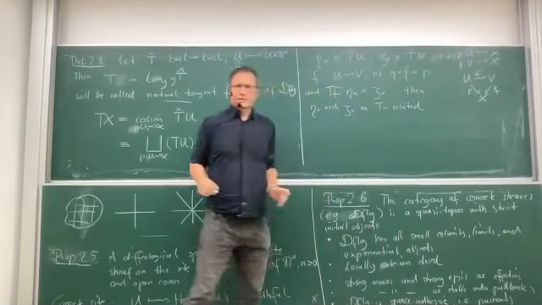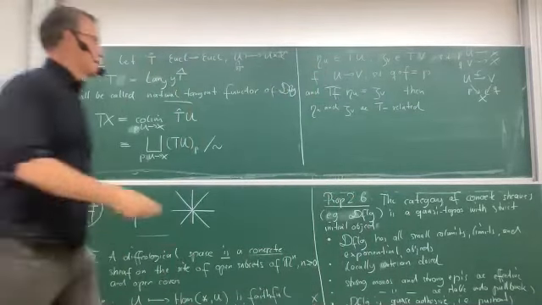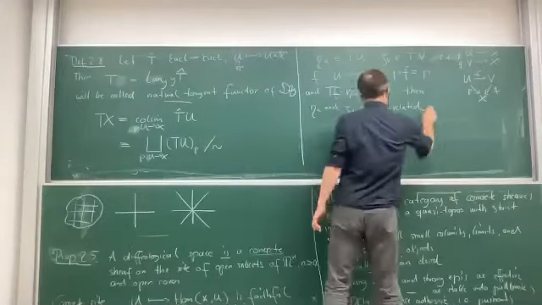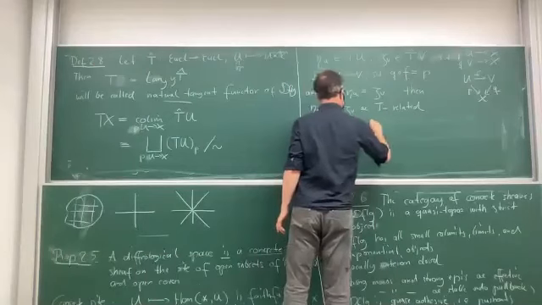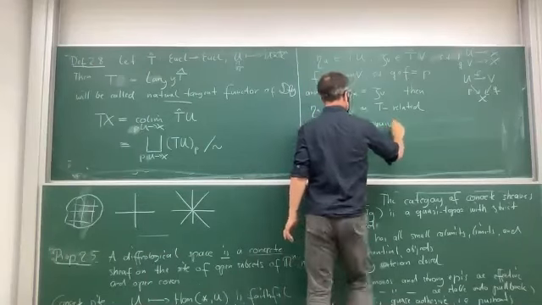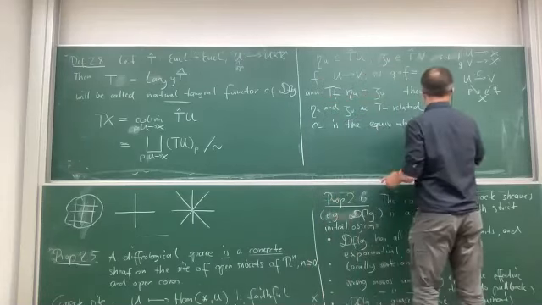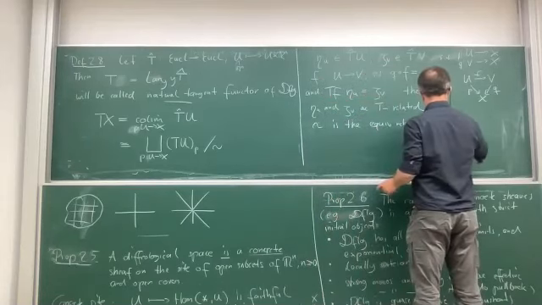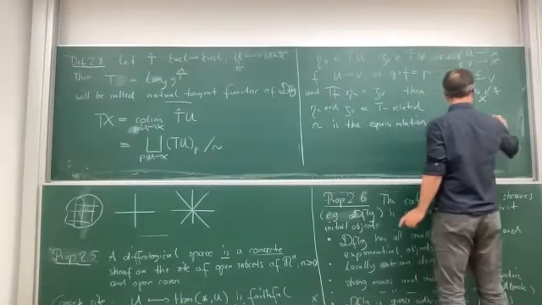And they are related in this equivalence class, but they are T-related by zigzag. So the equivalence relation is the one generated by T-relations.